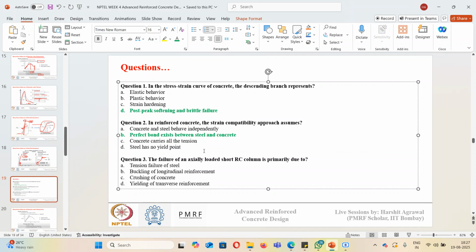Okay, I guess a couple of sessions ago when we were discussing about design. So we assume that there is a perfect bond that exists between steel and concrete. So that's why the strain in both steel and concrete are the same in the entire loading phase. Okay, if there won't be any perfect bond, then the strain compatibility won't be there. The strain in concrete and steel won't be the same. Okay, so that is one assumption we take in design.